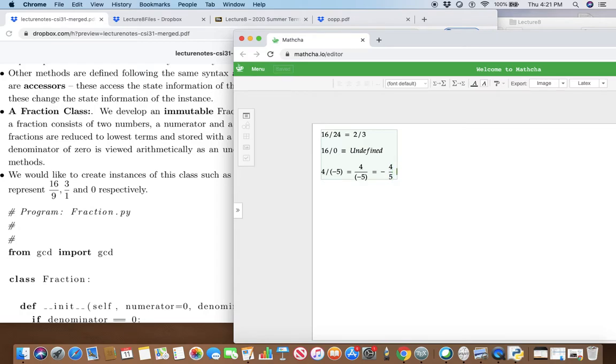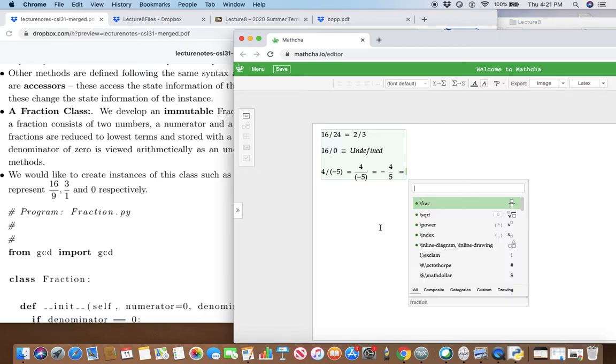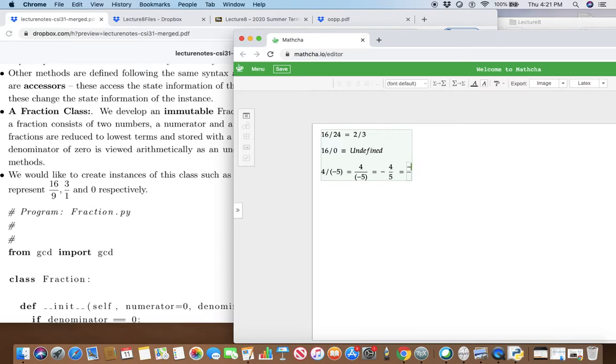So the initial fraction the user gave has a negative denominator, and we can easily replace it by the fraction -4/5. This fraction is the same as that fraction.